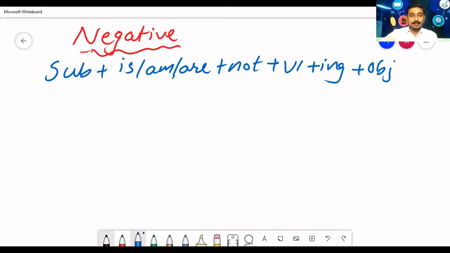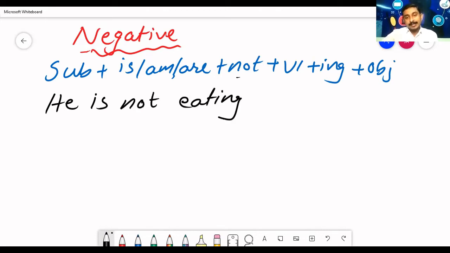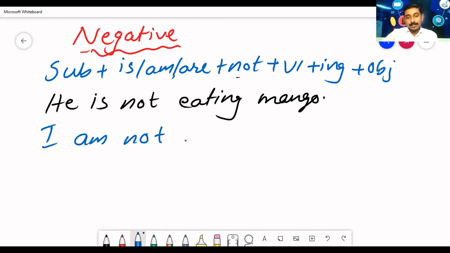Let us have an example. He is third person singular, so is. He is not eating mango. Another example, I am not eating mango.